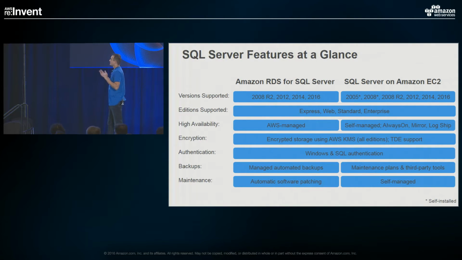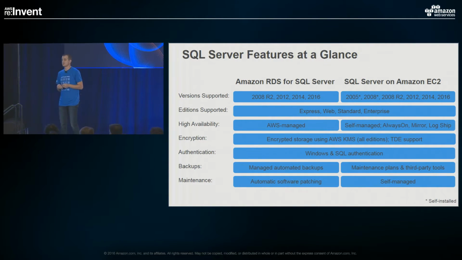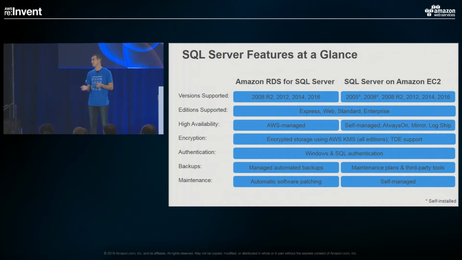So when you're looking at key features, you see a lot of overlap here. The same modern versions of SQL Server are available on both platforms. You still have access to some of the 2005 and 2008, some of the older versions of SQL Server. On EC2, you can install them yourselves, but generally the same versions are available on both.